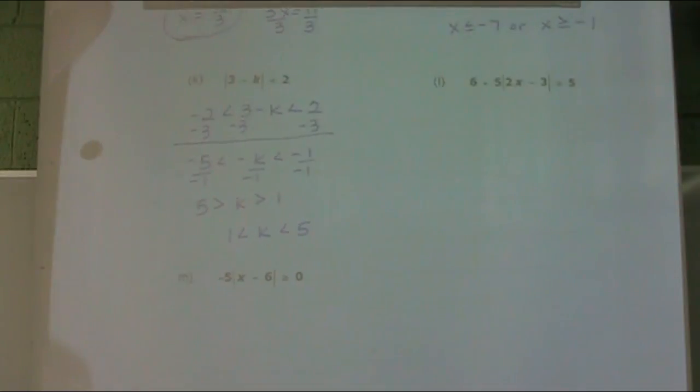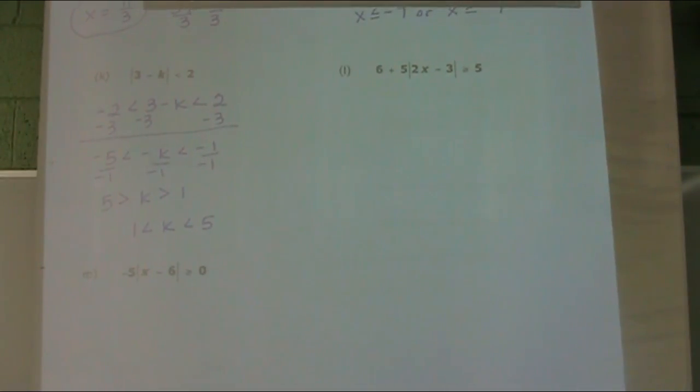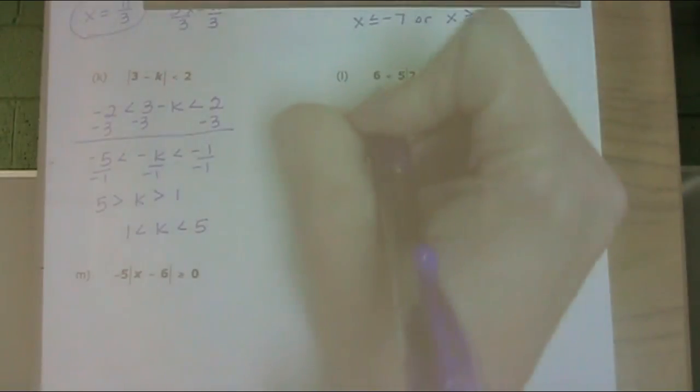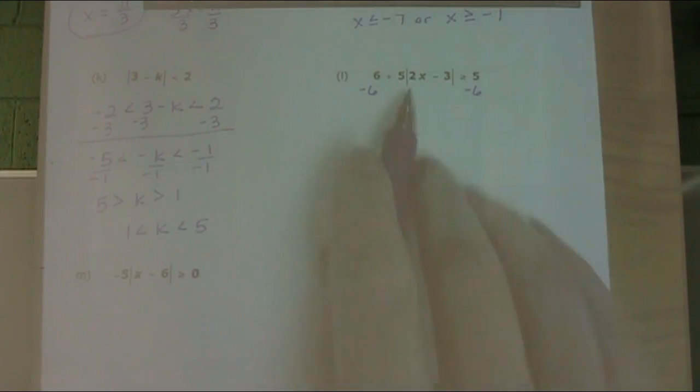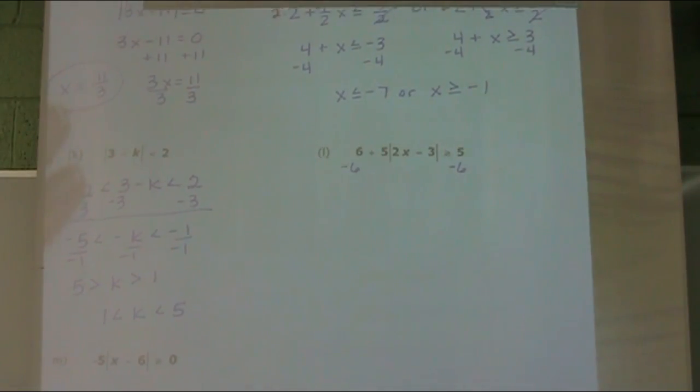Let's go to L. Before we can decide what to do, we need to get absolute value by itself. The first thing we're going to do, subtract 6 on both sides. I have a question. This is the same equation as this.